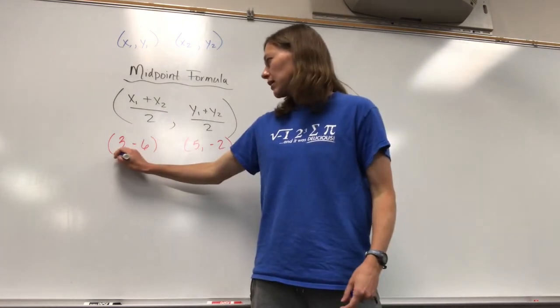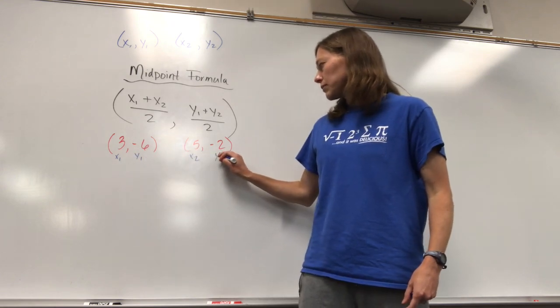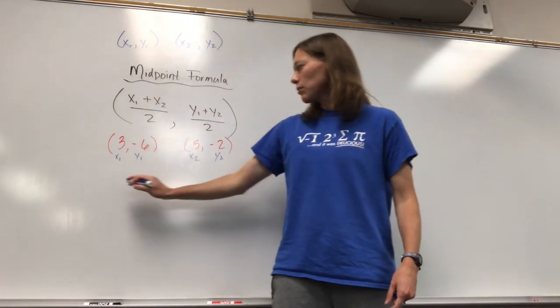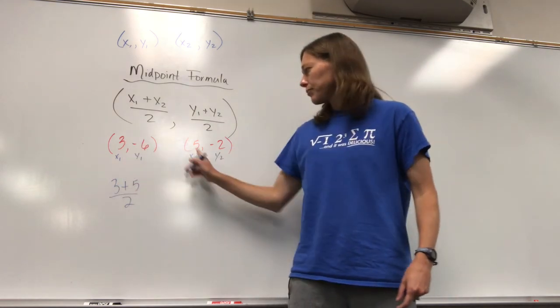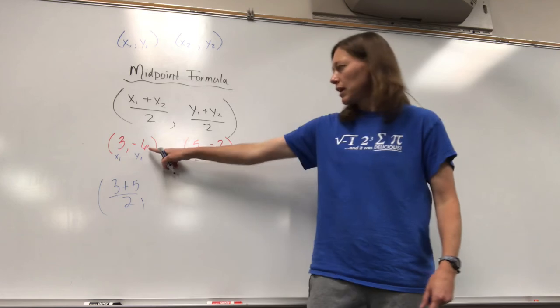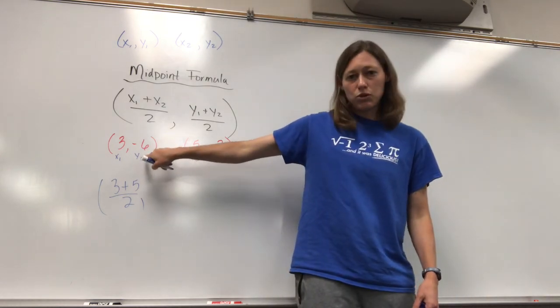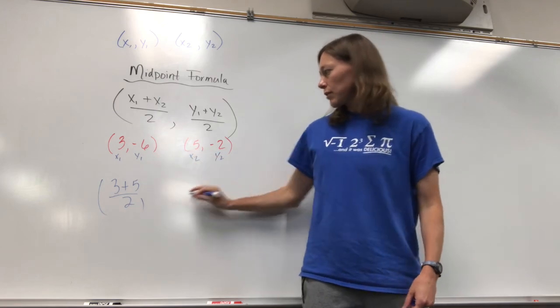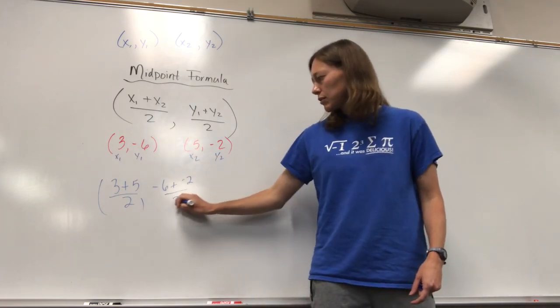So this is like x1, y1, and this is x2, y2. Okay, so I'm going to add the two x coordinates together. So I'm going to go 3 plus 5 divided by 2. That's my x coordinate. And then for my y coordinate, I'm going to add the two y coordinates together and divide by 2. So -6 plus -2 divided by 2.